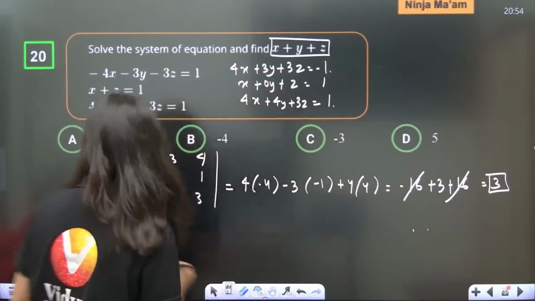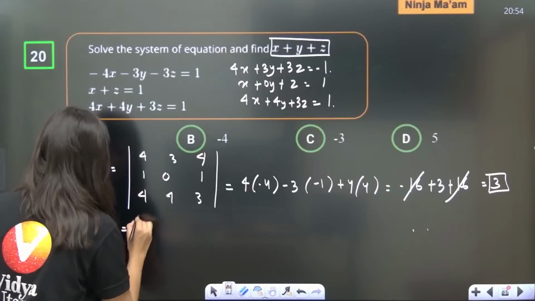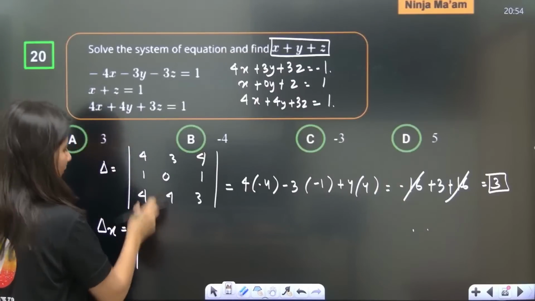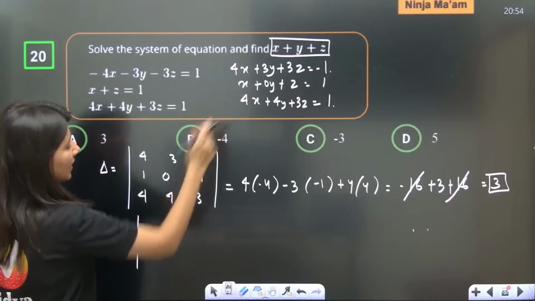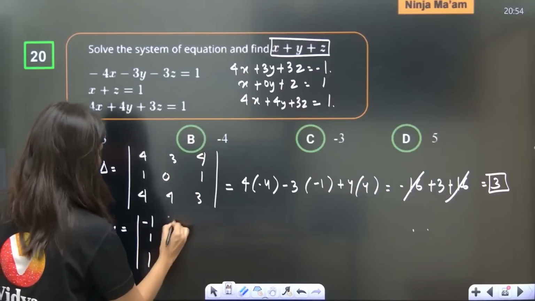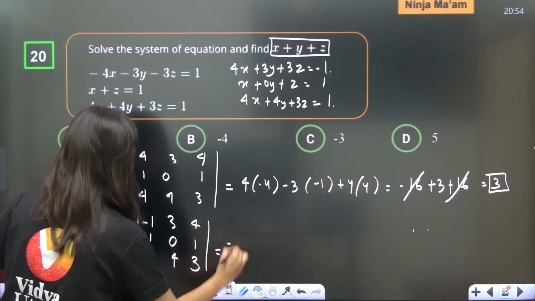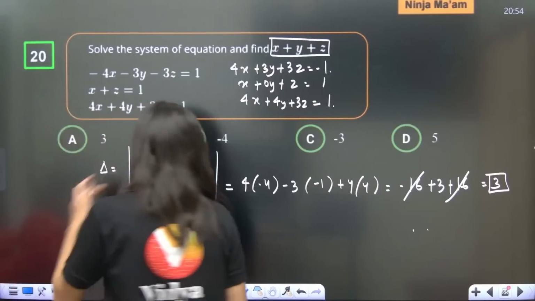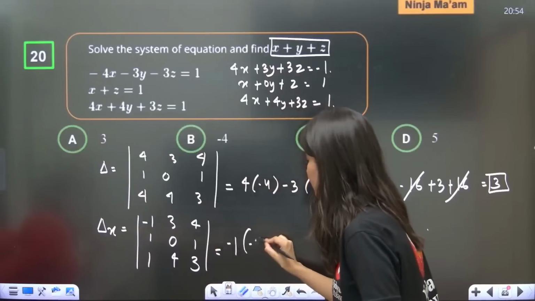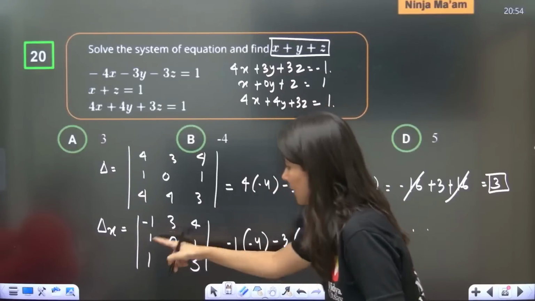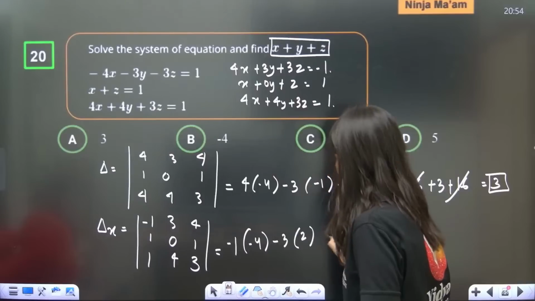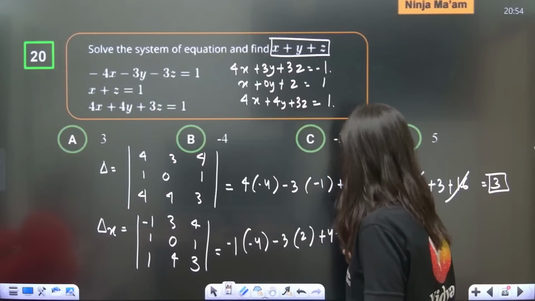What about del x? Let us calculate del x. Del x will be what? The first row will be replaced by minus 1, 1, 1 and everything else will be the same. So this is minus 1 and this is going to become minus 4, minus 3, this is 3 minus 1, 2 plus 4 times this is 4.